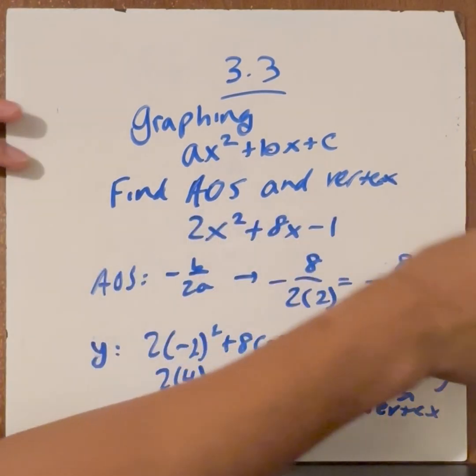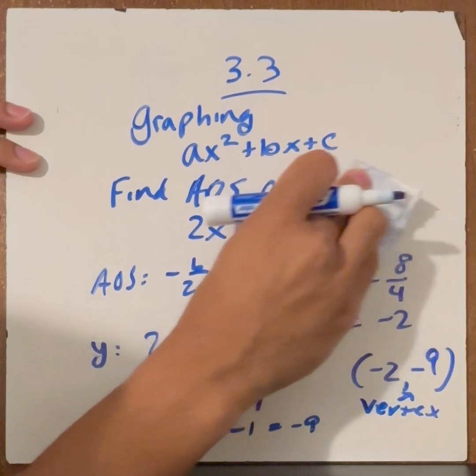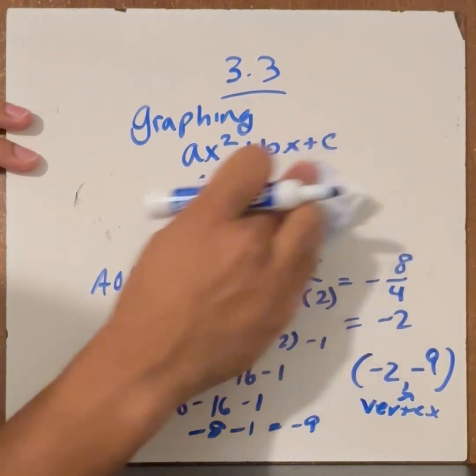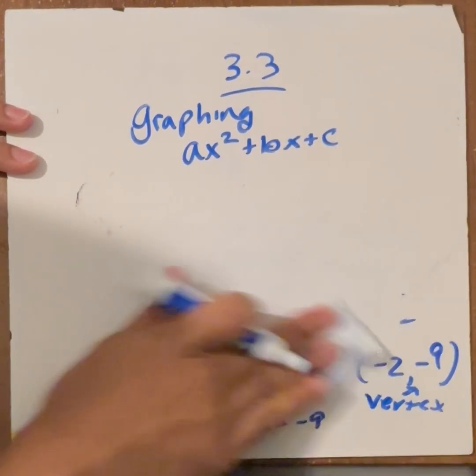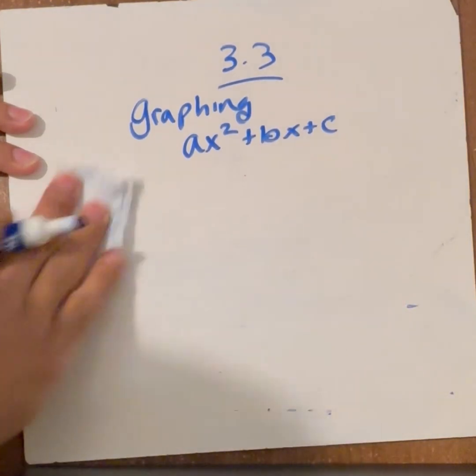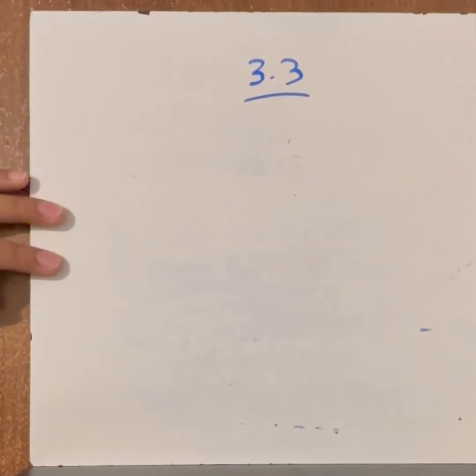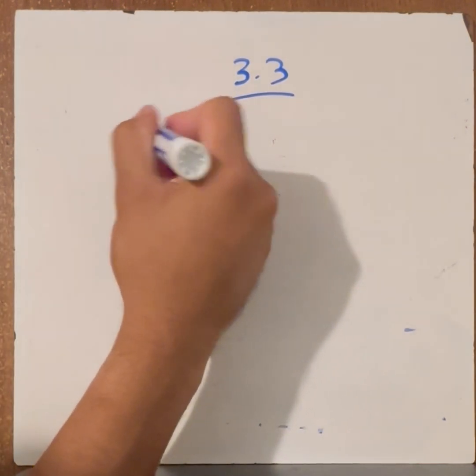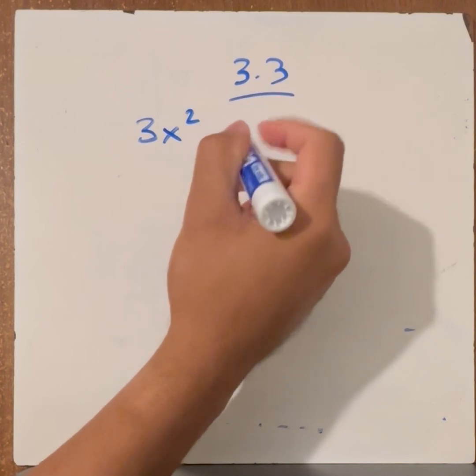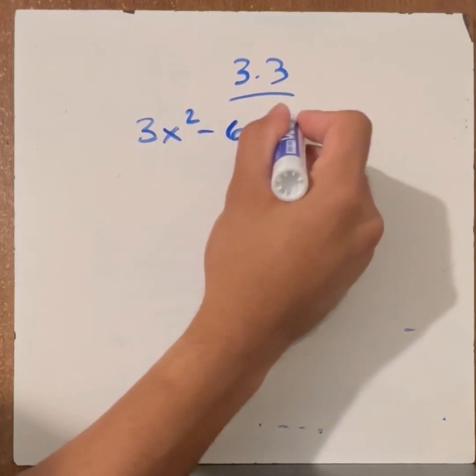Okay, let's take a look at the same kind of question again. 3x squared minus 6x plus 5.